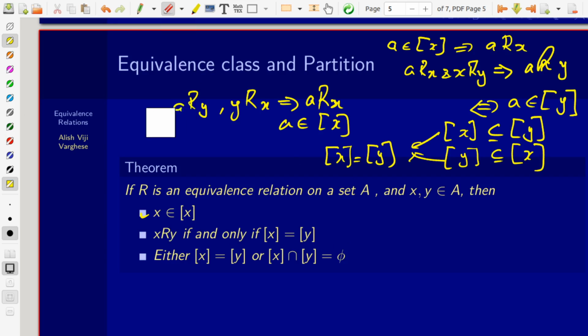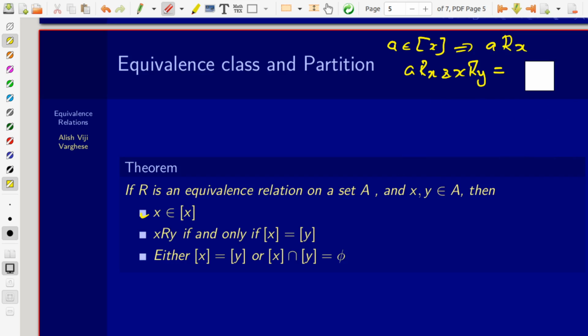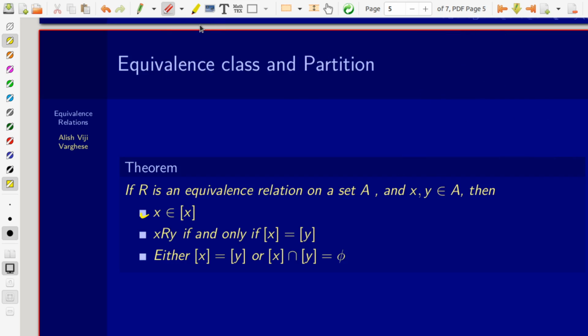So if we have an equivalence class of x and it contains a number of elements, say a1, a2, etc., then if we take any element from the equivalence class of x and consider its equivalence class, say the equivalence class of a1 or the equivalence class of a2, then obviously x is related to a1, so the equivalence class of x and the equivalence class of a1 are the same.